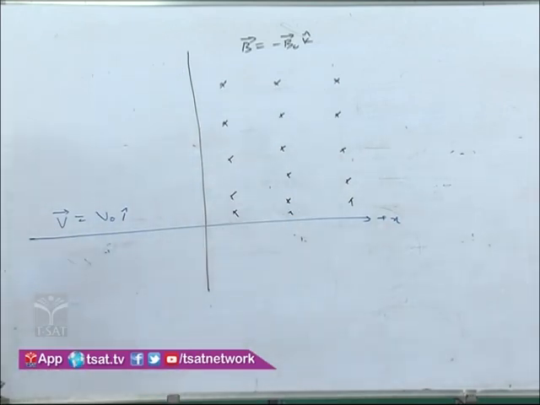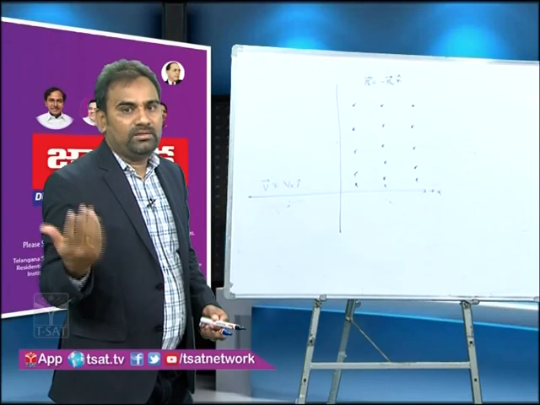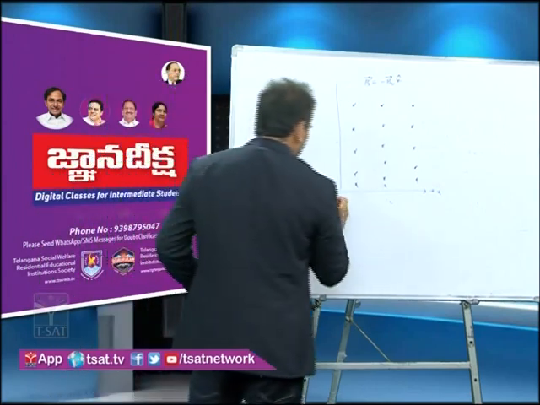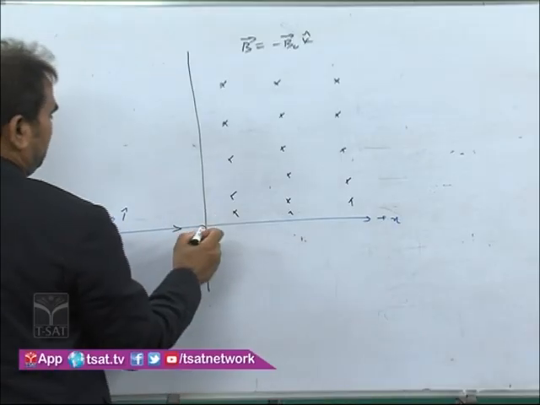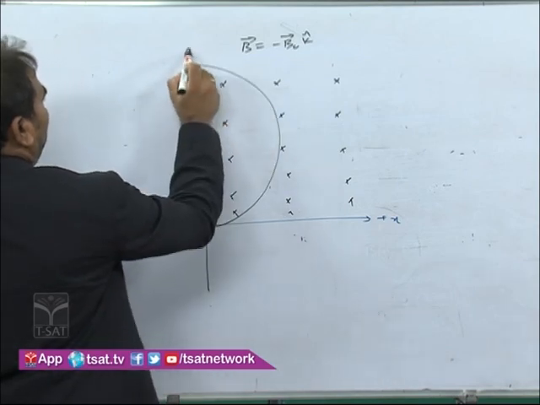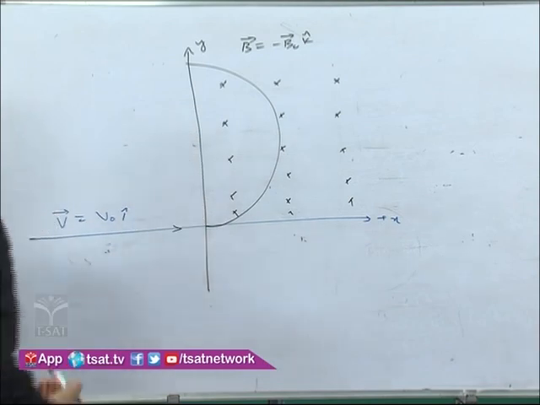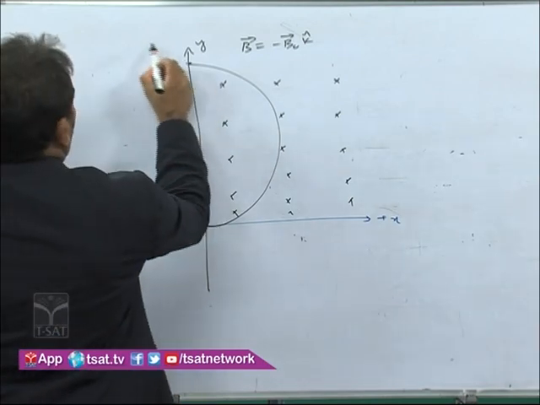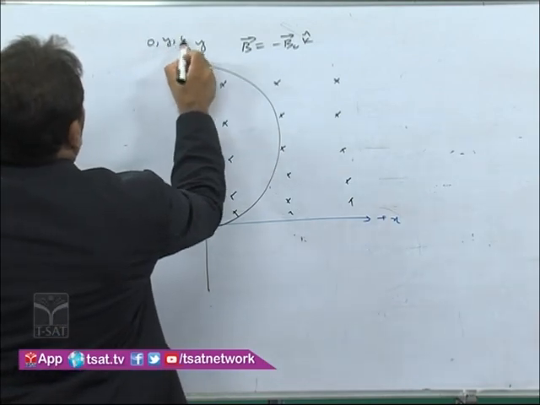The particle is released and passes through 0 comma y comma 0. That means when the particle enters here like this, the particle moves in the magnetic field and reaches the y axis, at the point 0 comma y comma 0.